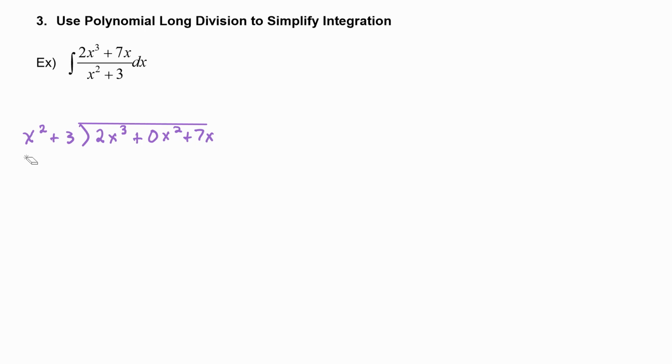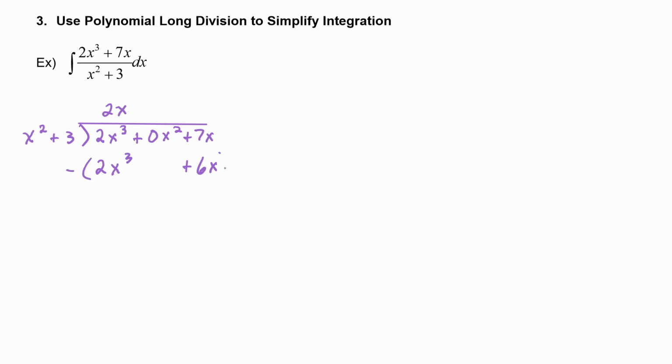So for x squared to become 2x cubed, we need to multiply by 2x. Then we have 2x cubed, and we would get plus 6x. So that jumps over here. So we didn't actually need that one, but you don't know when you start out.